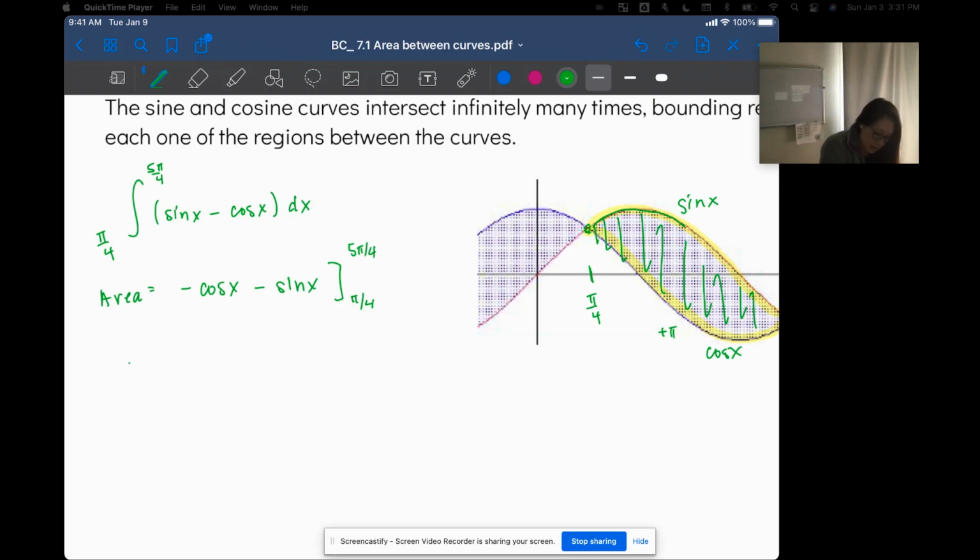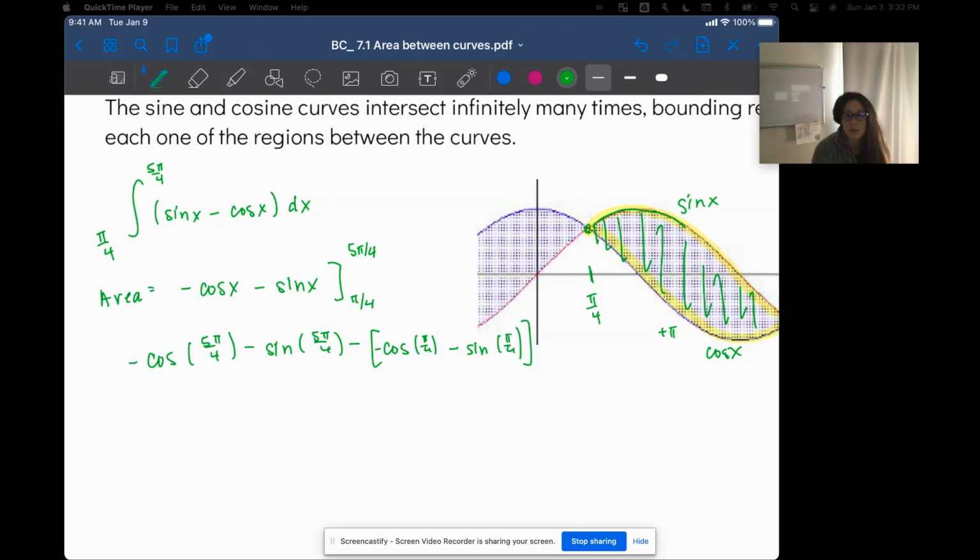All right, so I subtract the negative cosine of 5 pi/4 minus the sine of 5 pi/4, minus the negative cosine of pi over 4 minus the sine of pi over 4. Okay, so evaluating, I love this because we're over 4. We end up with root 2 over 2 for everything.